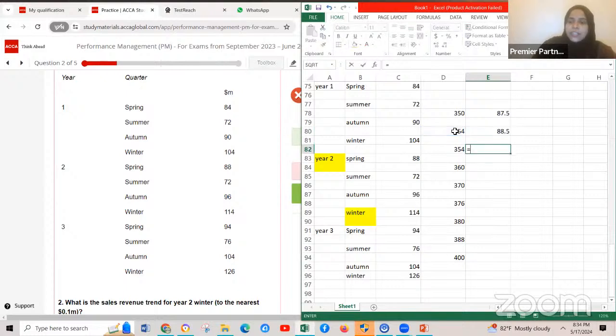Where you take the total, divide by 4 to find the average. Total divide by 4, find the average.